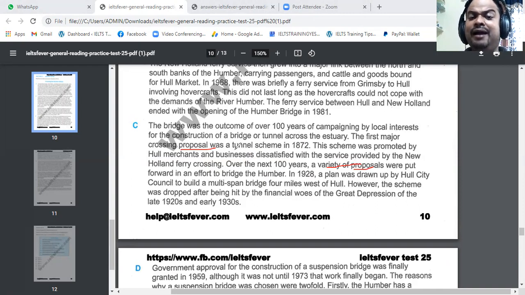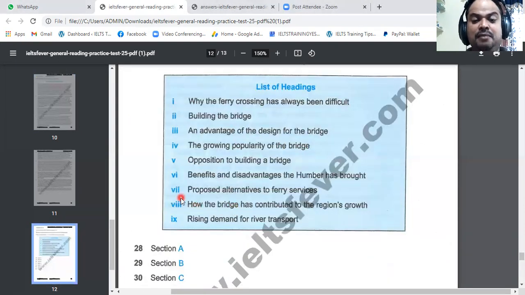So when I read this passage, it's very easy. Something is striking me in the answer sheet. So let's see there. Proposals, proposed alternatives to ferry services. Okay, rising demand for river transport. So these are the only two options.